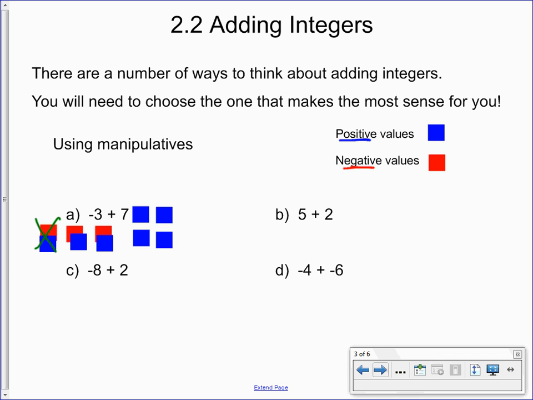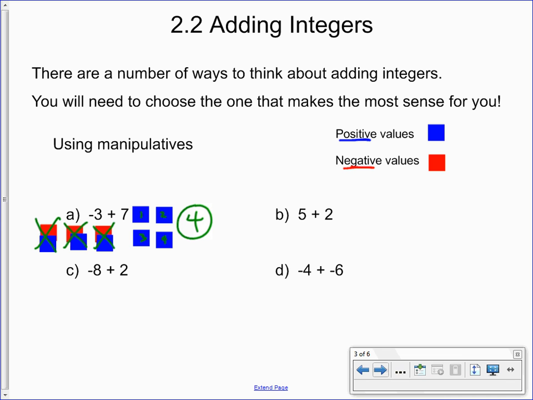So that's gone, and that's gone. The 3 negatives are canceled out by 3 of the positives. So what do we have left? We have 1, 2, 3, 4 positives. So our answer is positive 4.